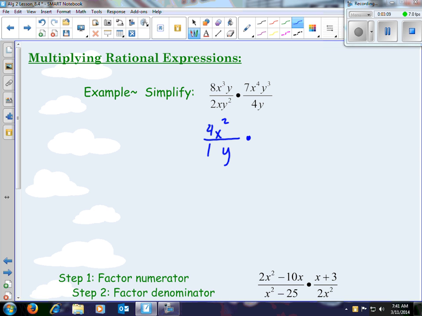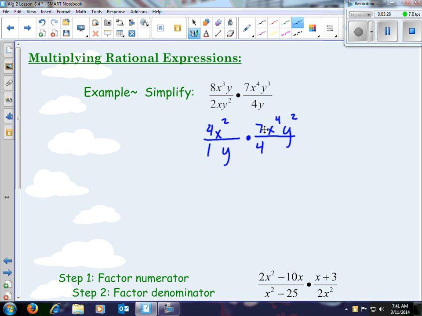And then I'm going to multiply this. 7 and 4 don't reduce, so that's going to say 7 and 4. And then x to the 4th, there's no x on the bottom, so that's going to stay x to the 4th. And then y cubed divided by y is going to leave me with y squared on the top.